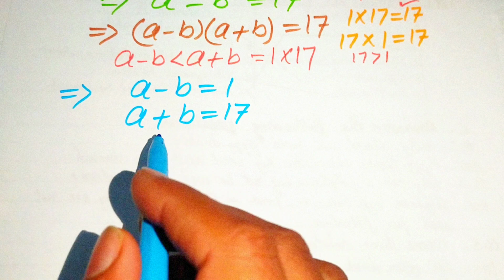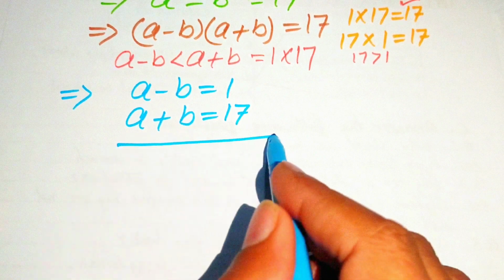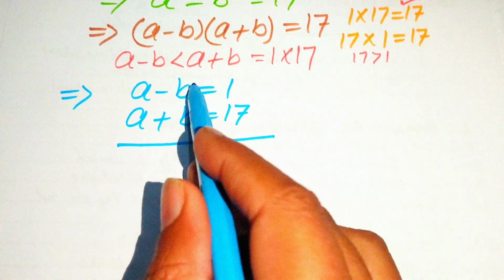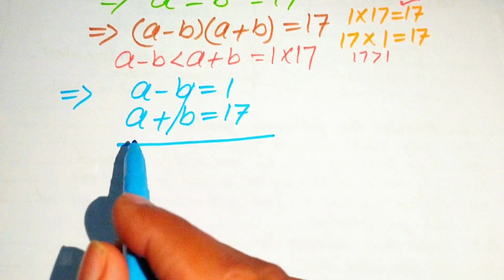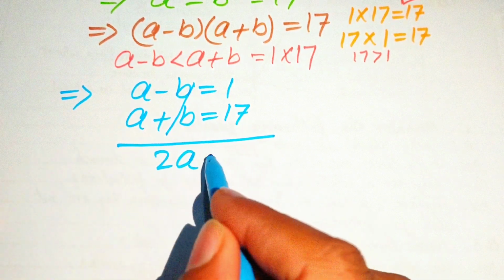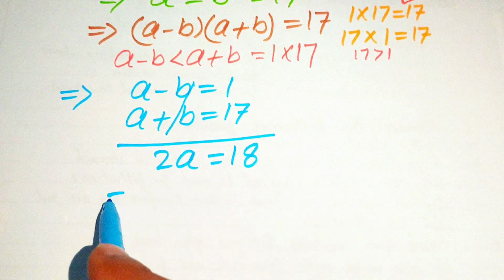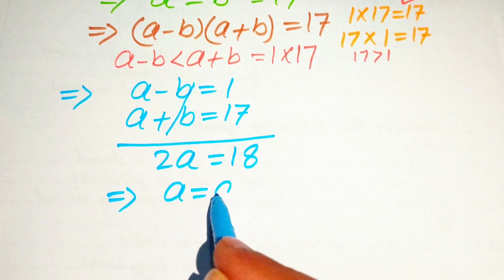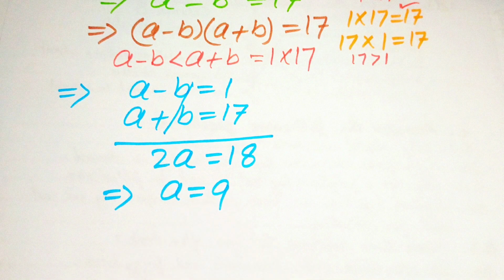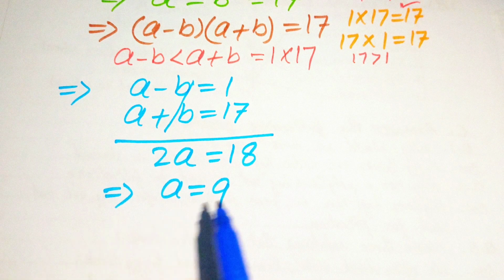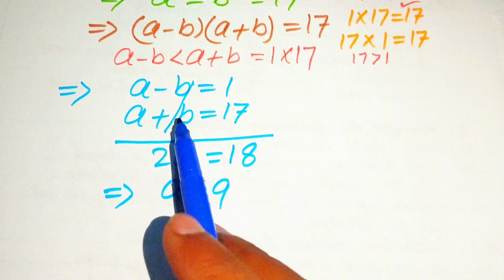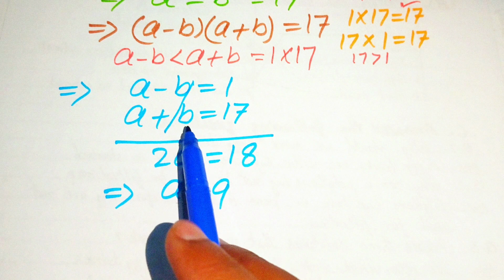When we add these two equations, the negative and positive terms cancel each other, and we get a plus a equals 2a, and 1 plus 17 equals 18. This implies that a equals 9. We need to find the value of x, so the value of a is enough to find the values of x and y. We do not need to find the value of b.